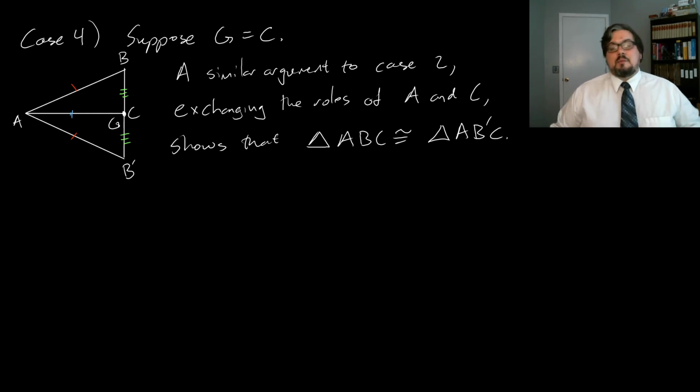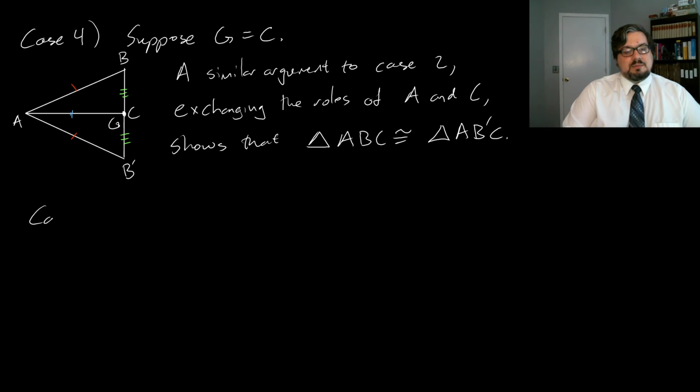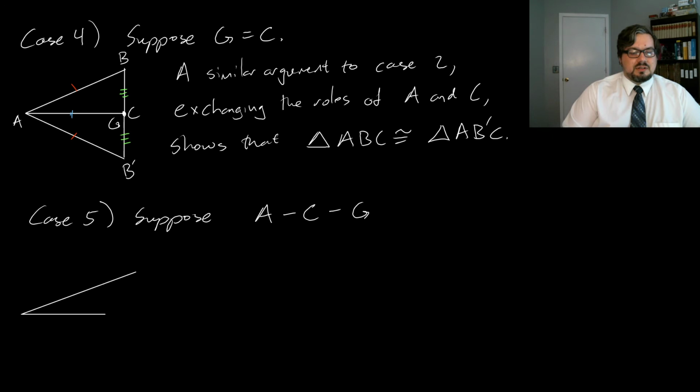So exactly the same argument goes through, except instead of looking at the isosceles triangle CBB', we're now looking at the isosceles triangle ABB' and going on from there. And similarly, case 5, suppose that G is beyond C. Well, that picture looks just like the one that we just did, only the roles of A and C have been switched.